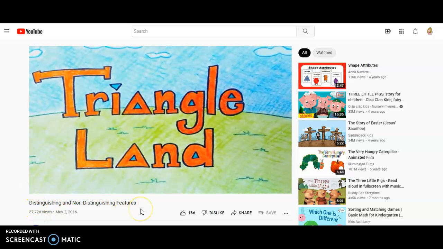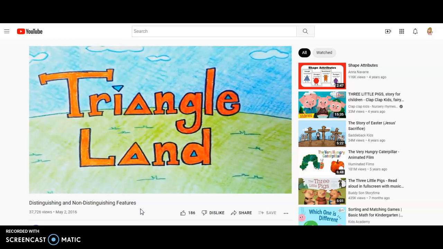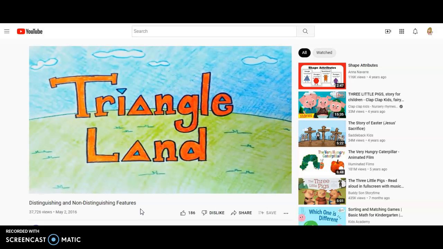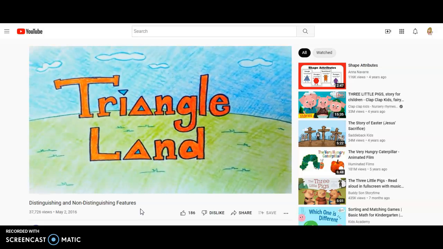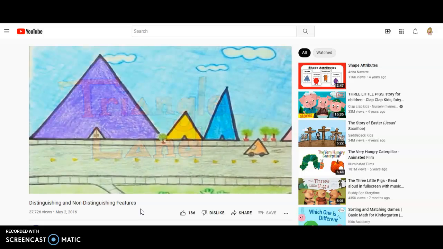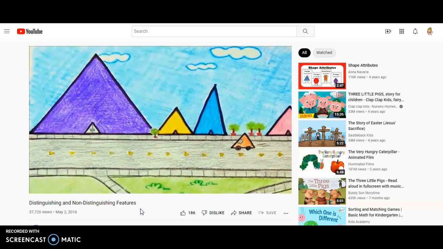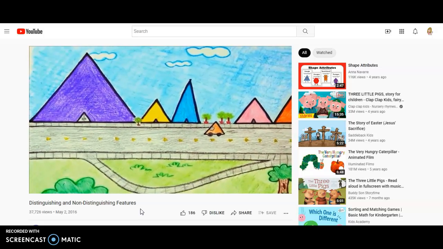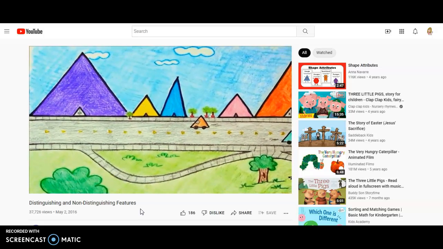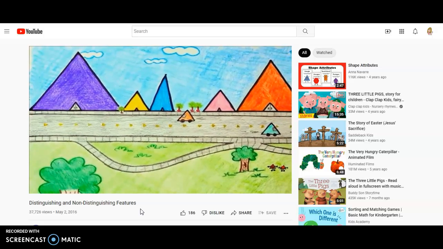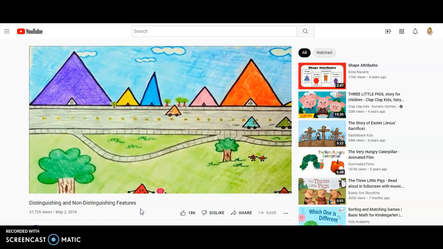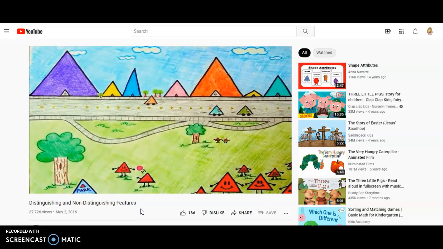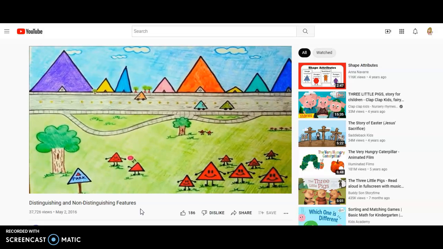Once upon a time, in a place very far away, there was a small and special land known as Triangle Land. Everything in Triangle Land, from the biggest buildings to the fastest cars, were all made out of triangles. In the middle of the land, there was even a triangle park, where all of the triangle friends gathered to play ball and have fun all day.